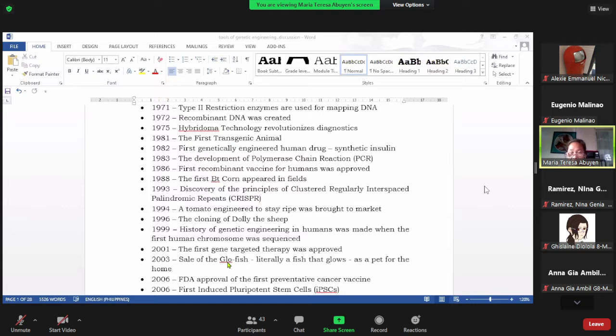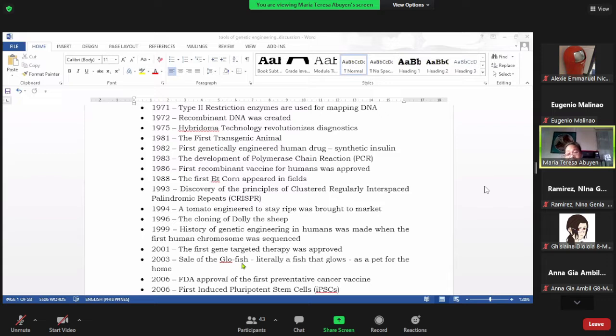Its trademark is GloFish, G-L-O. The gene that made the fish glow in the dark was taken from a jellyfish. Doesn't the jellyfish glow under the sea? So the gene that lets the jellyfish glow under the sea was transferred into an aquarium fish.